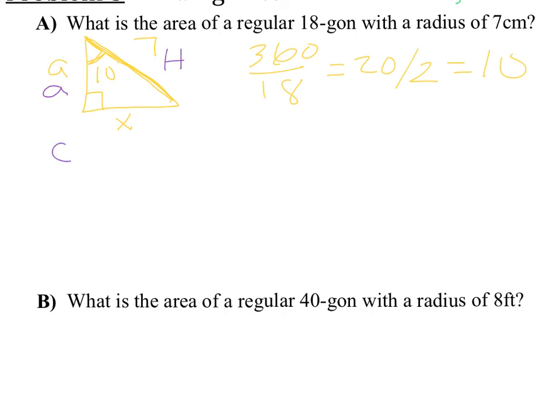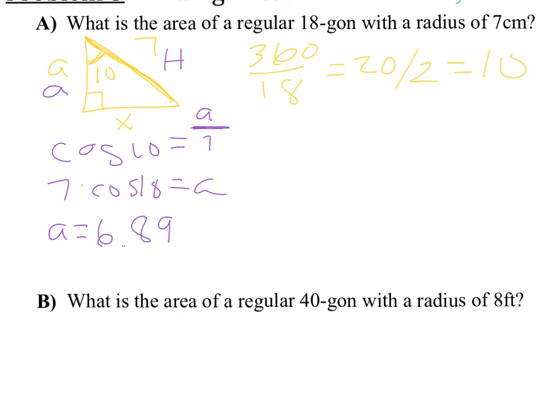So cosine of my angle, 10, is equal to my adjacent over 7. To get rid of this division, you have to multiply. So 7 times cosine of 10 would be equal to my apothem. You should be rounding to your nearest hundredth. So this would be 6.89. If you do not get 6.89, you should make sure to check your mode.